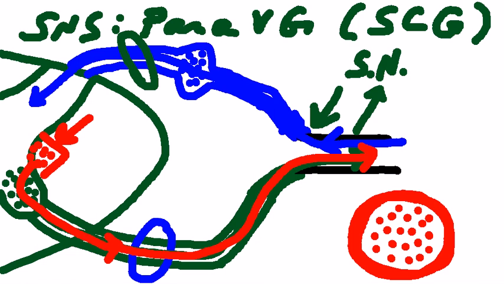Now, one other thing to note about this axon here of the preganglionic sympathetic, which comes straight out of the central nervous system, is that this axon is myelinated.